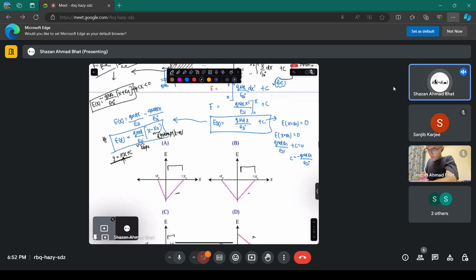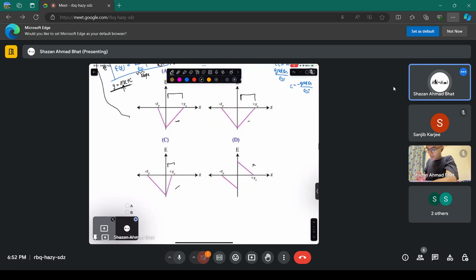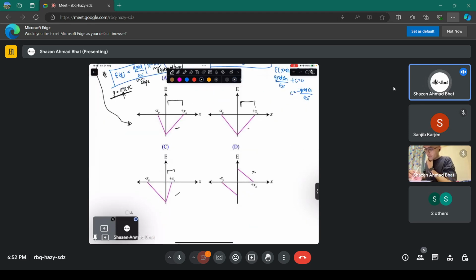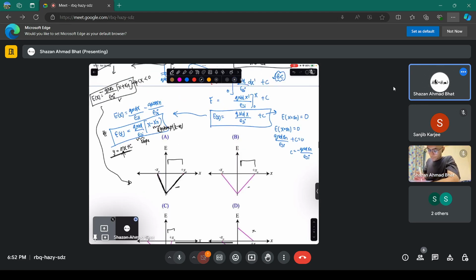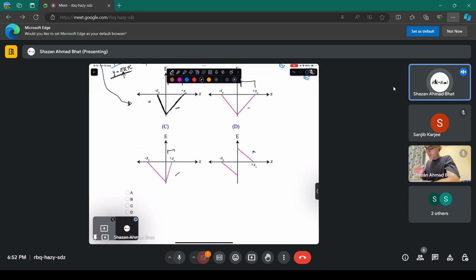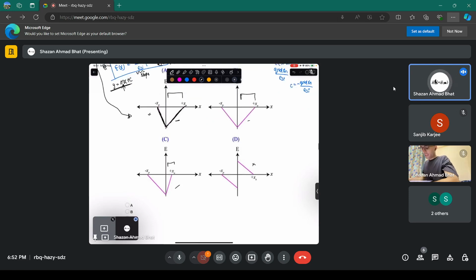When you map this, you get a field profile which looks something like this, and then something like this. This is just plotting of straight lines, because this will have a negative slope and again a negative intercept. So that is the profile of the electric field.